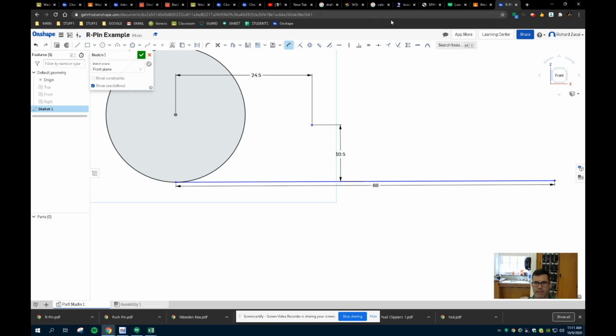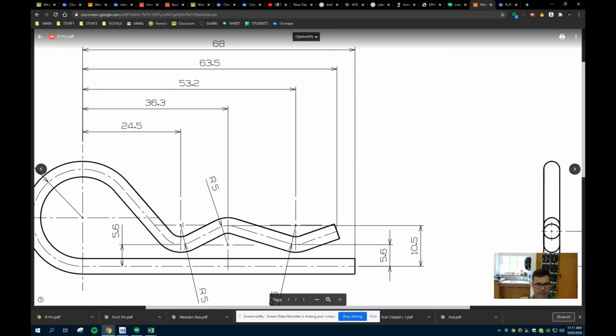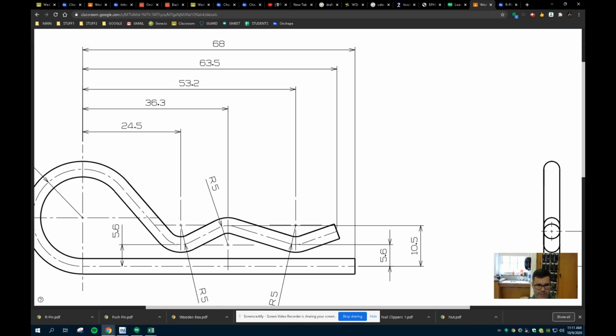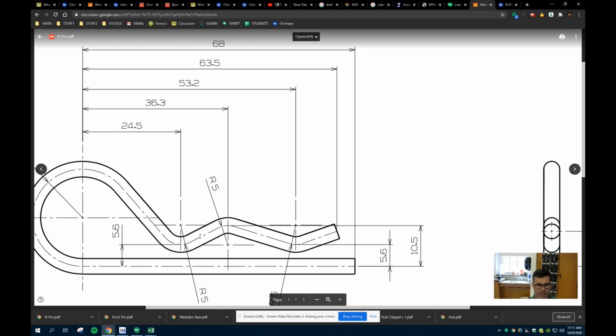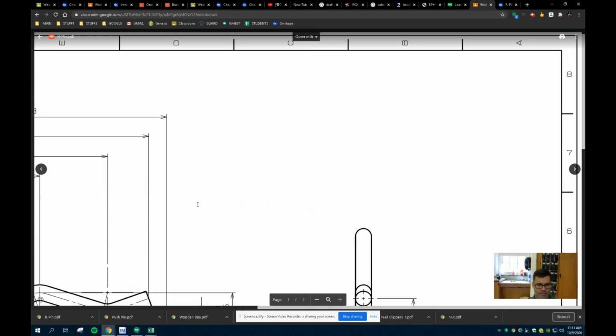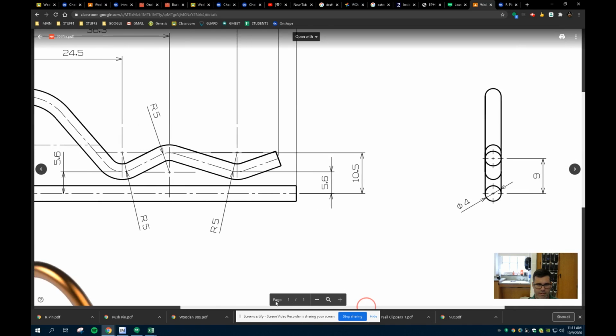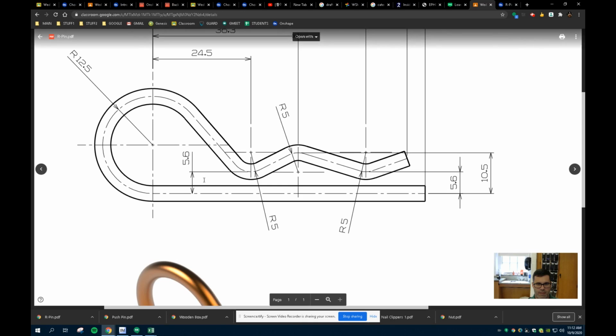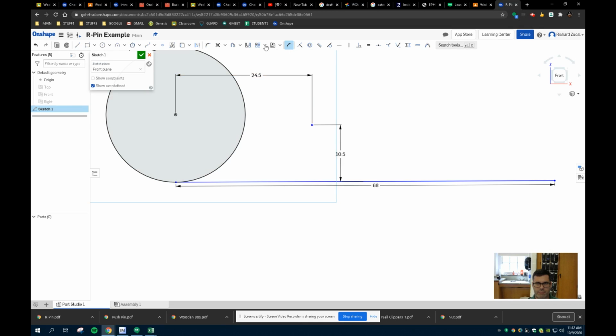All right, there's my point, and that point is that point. And that point has a circle that has a radius of 10. Remember, what I'm trying to do is make this path. Radius of 10.